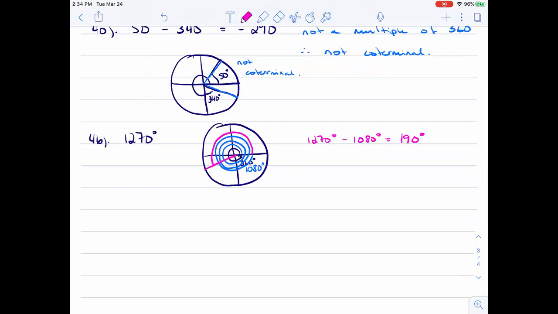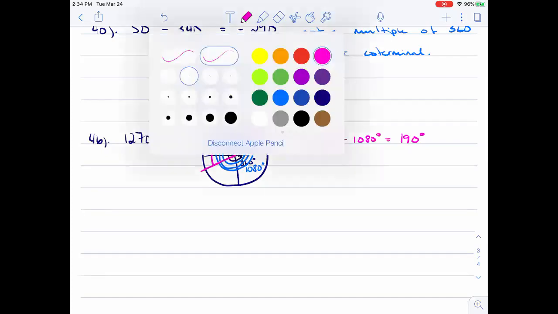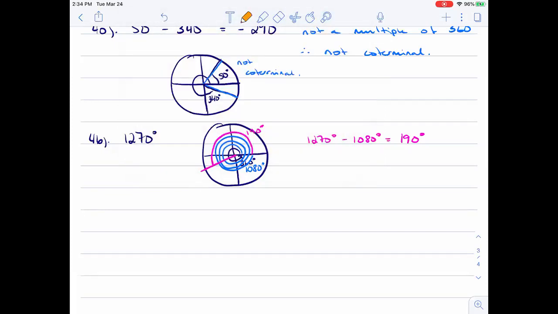So here, 190 degrees. So this is my terminal point, because that's where it's ending. Okay.